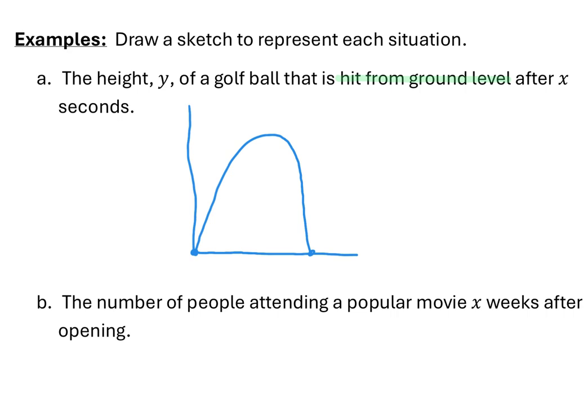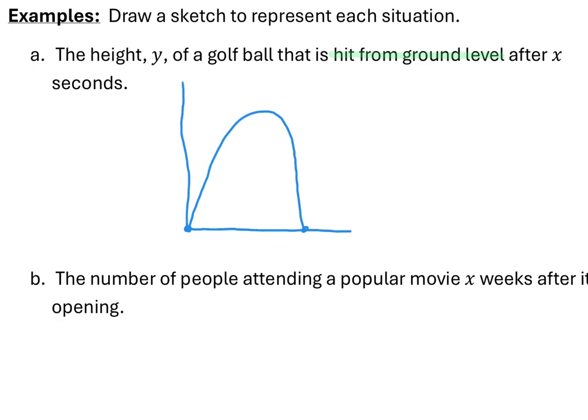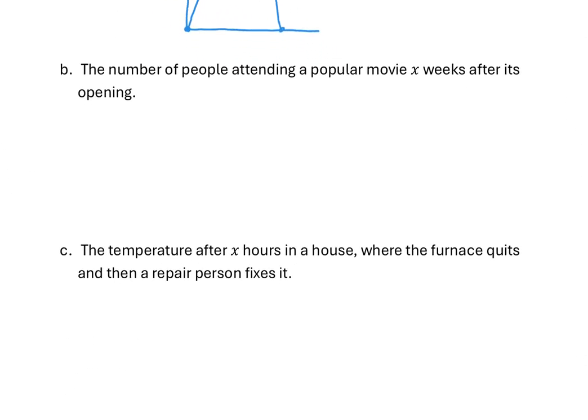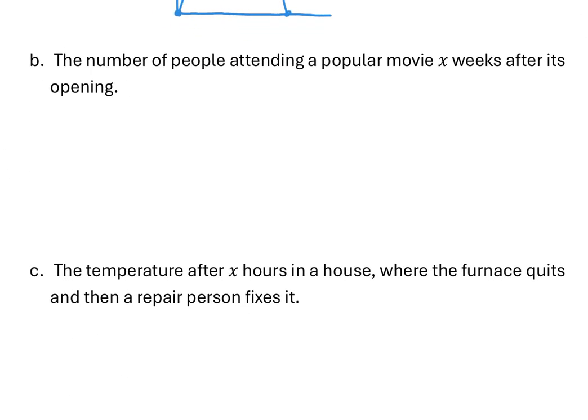All right, let's go ahead and see another example. For example B, we have the number of people attending a popular movie x weeks after its opening. I know that when I used to go to movies in college, opening weekend was always crazy. It was the maximum.